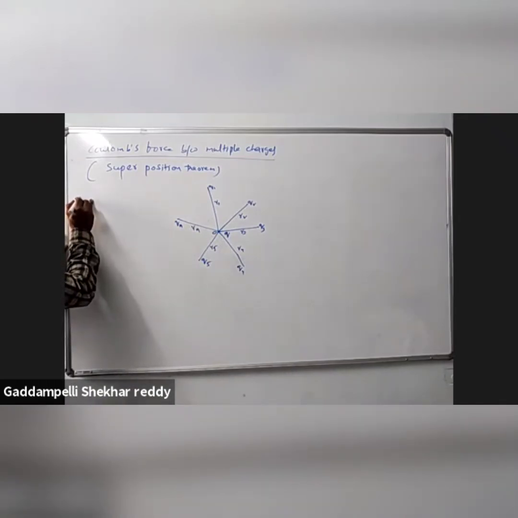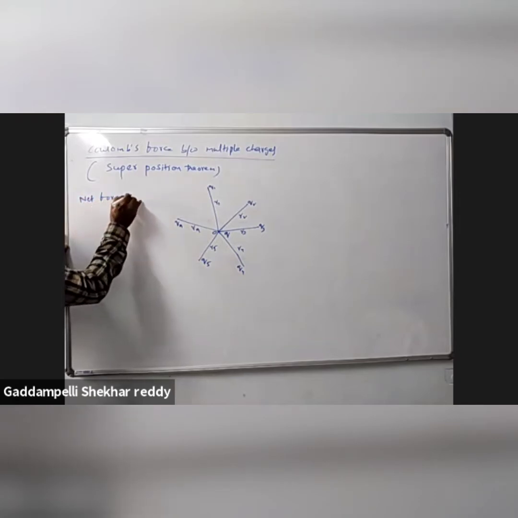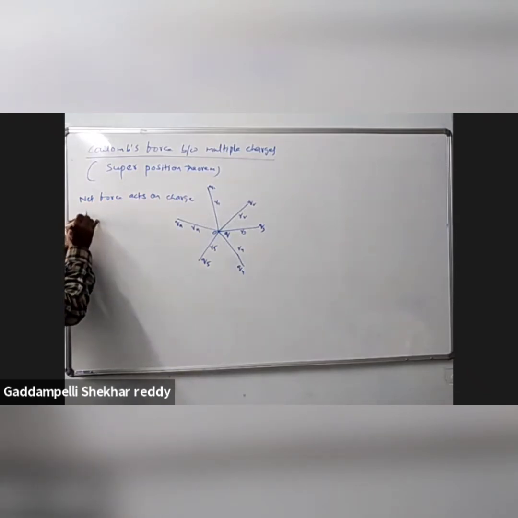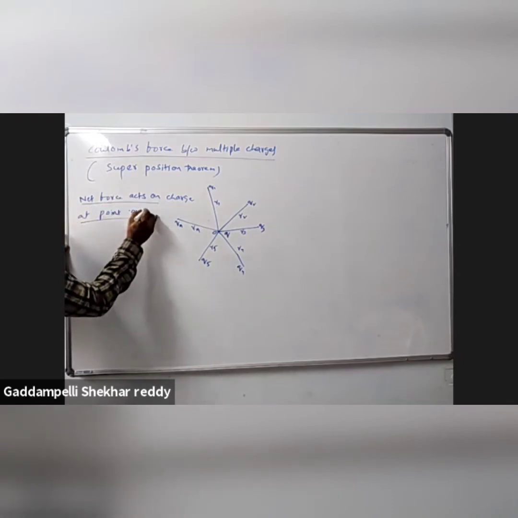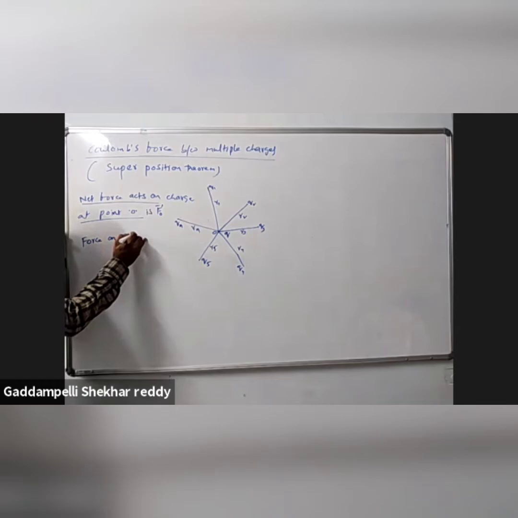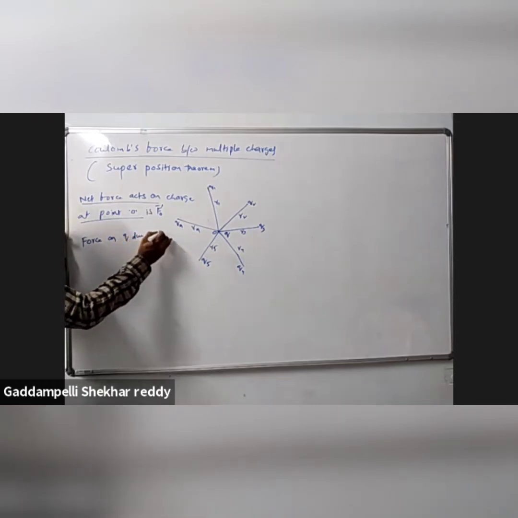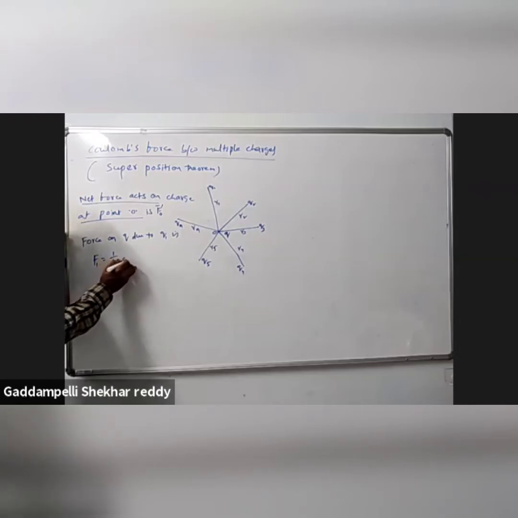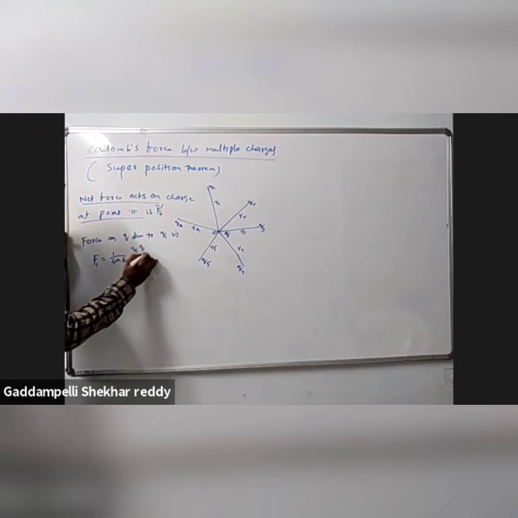Now the net force acts on the charge at point O. So the force on Q due to Q1 is F1 bar, equal to 1 by 4 pi epsilon naught, Q1 Q by R1 square, R1 cap, in vector form.